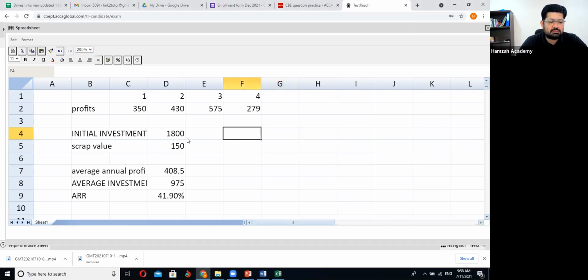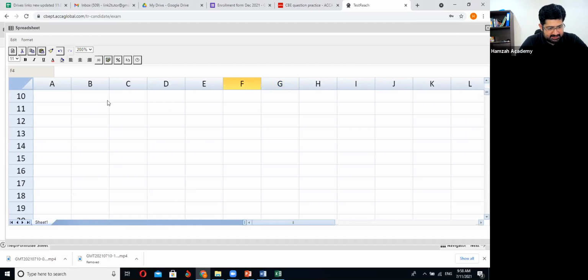Now, the next point is another example, example 2.